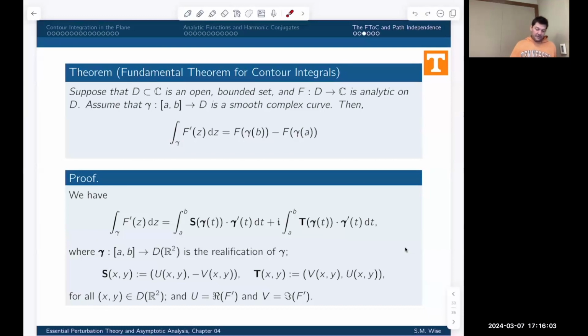So let's do the same for contour integrals. No surprise here that the integral of f prime should be f gamma b minus f gamma a. So let's see how this works.